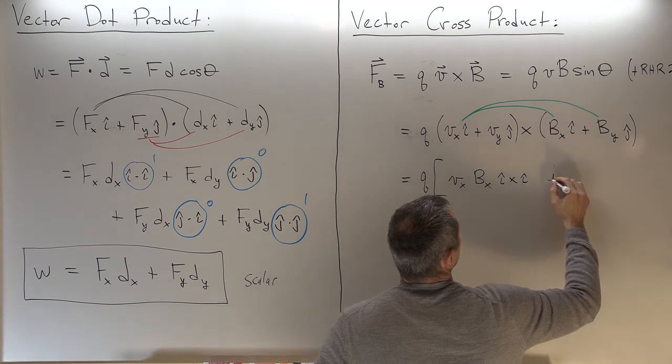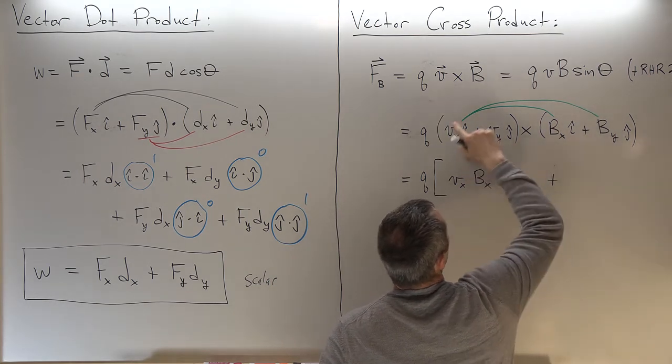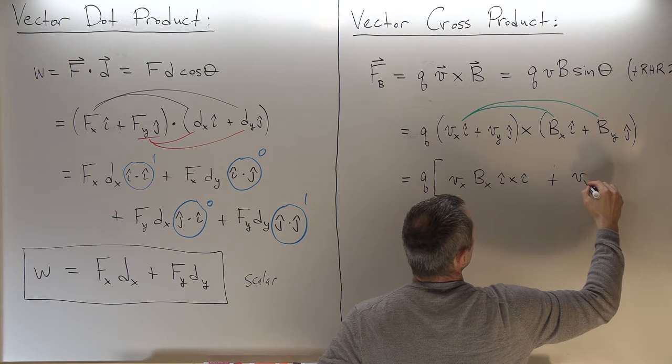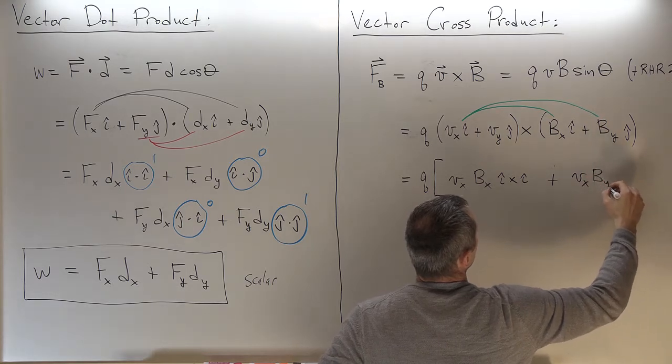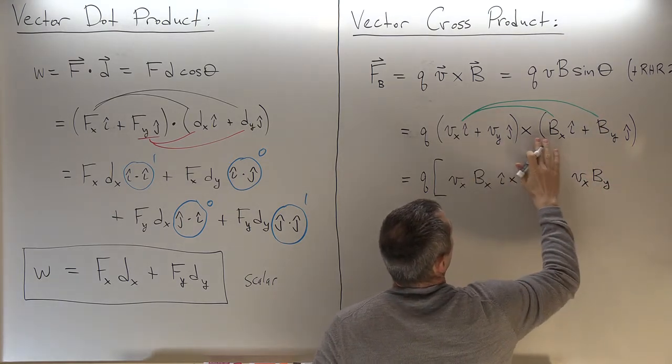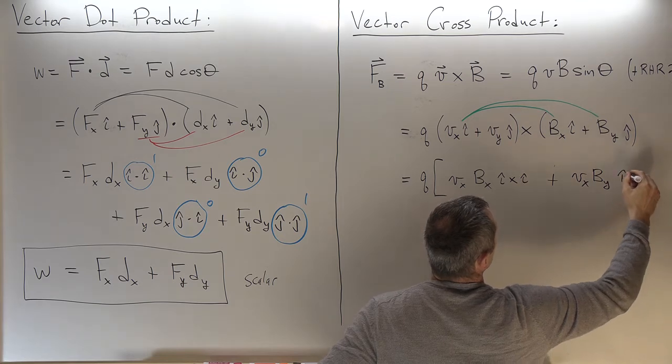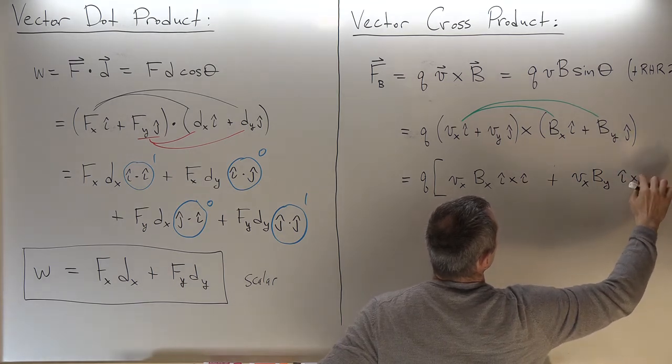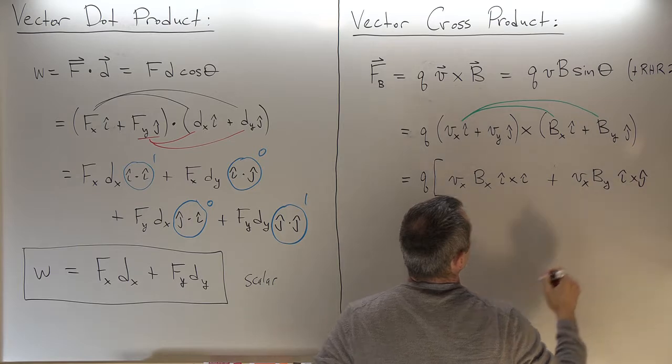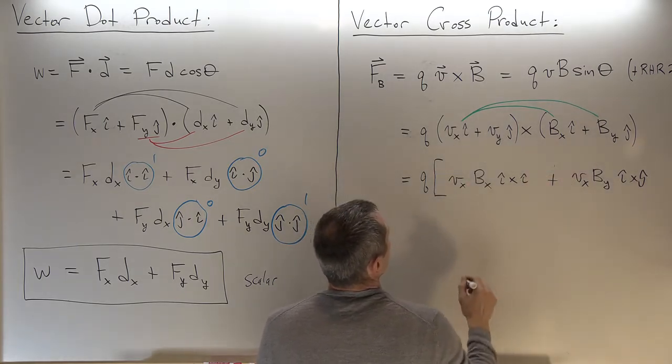And then the Vx times the By, multiply it over. And then the i hat cross j hat is also part of this term. So that's the first term distributed over.